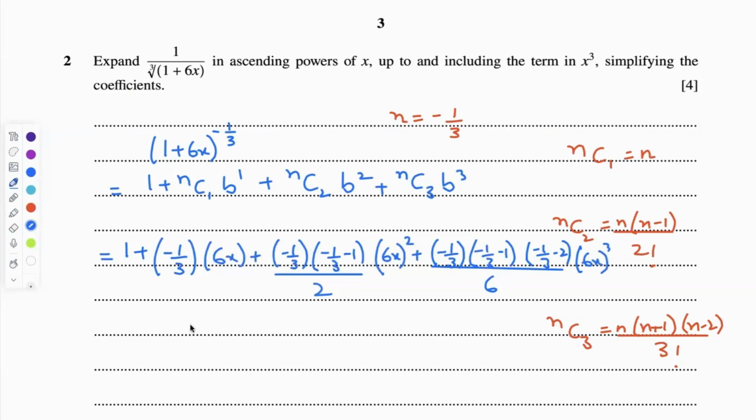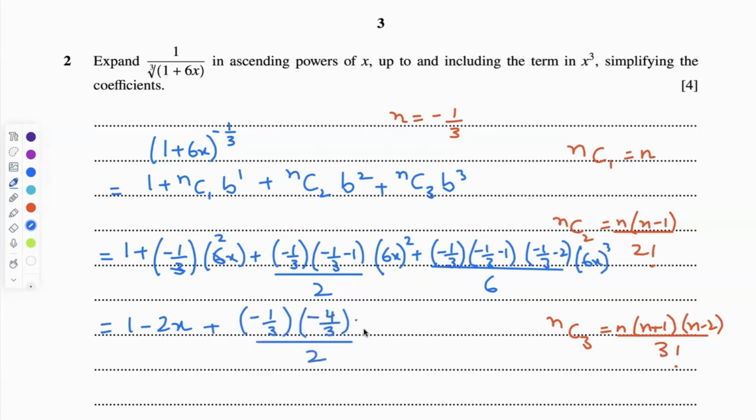Now simplifying the expressions, this 3 and 6 will cancel out. So we'll get 1 minus 2x. Now, first simplifying the bracket, again, we should obviously use a calculator over here to avoid any mistakes. This will become minus 4 upon 3 divided by 2.